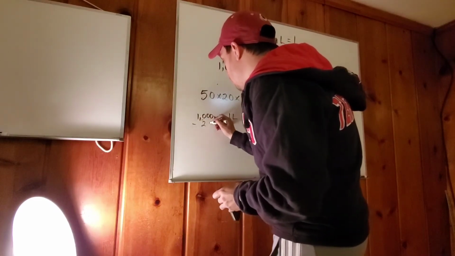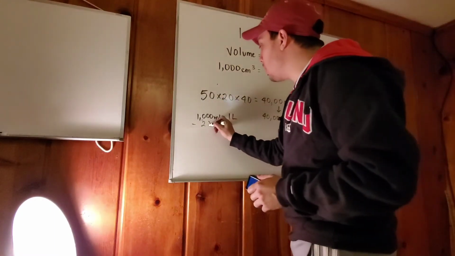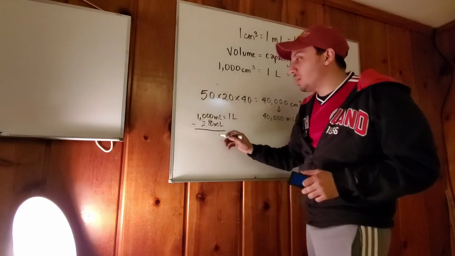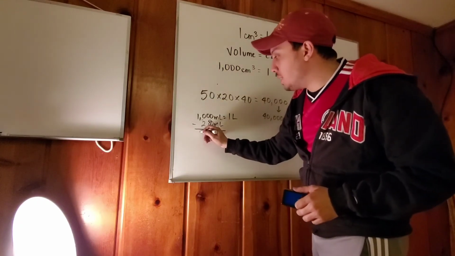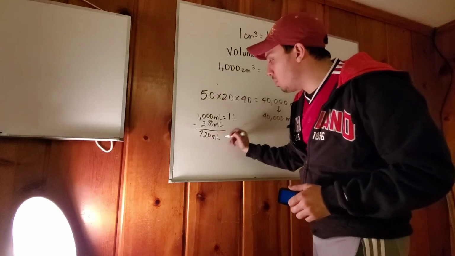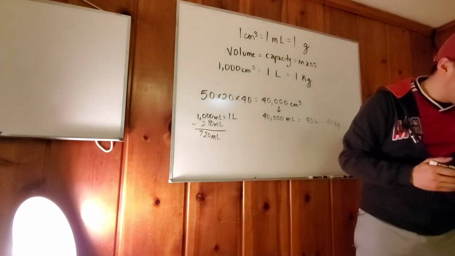Much better. So we subtract that, it would be 720 milliliters that she used from the beaker that was 1 liter to the vase.